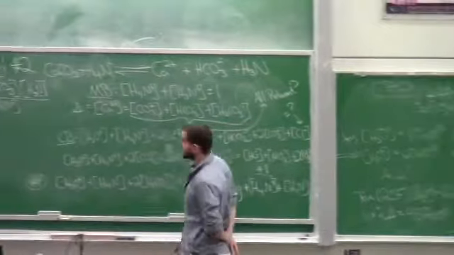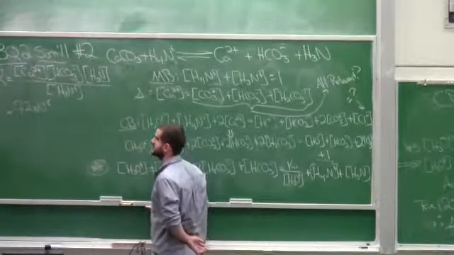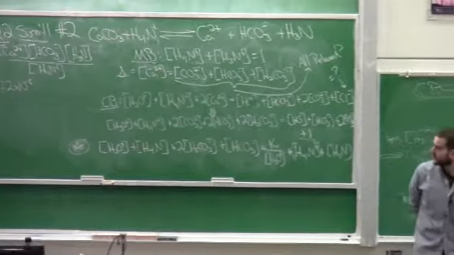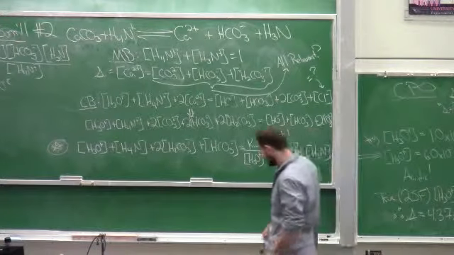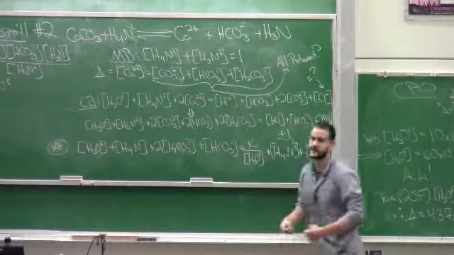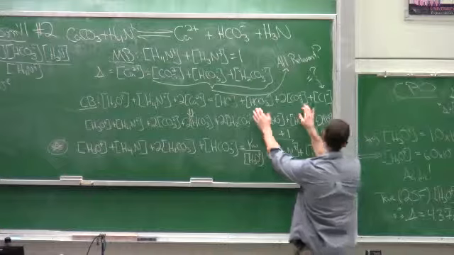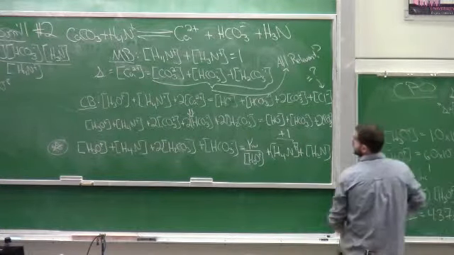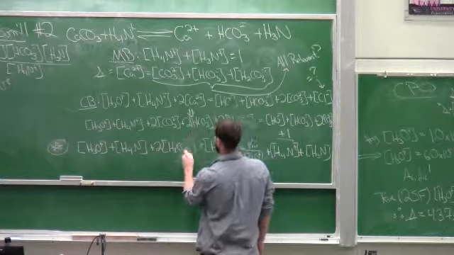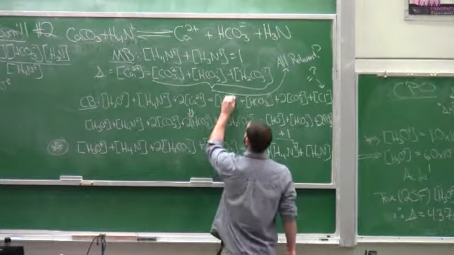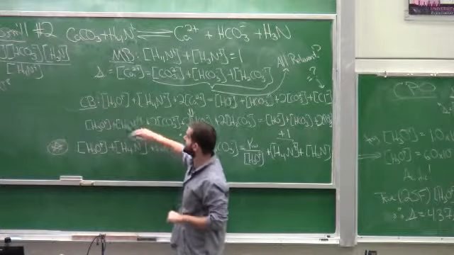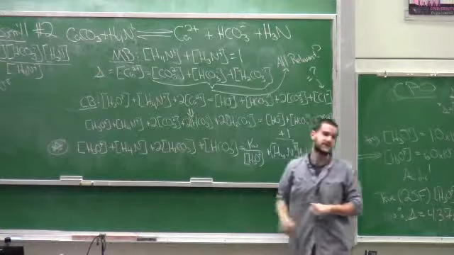Okay. Now, the next step is to do charge balance. Charge balance can be a little bit more challenging for students. I'm not sure why, but we'll go right through it. All of our positive species, net sum, have to equal the net sum of all of our negative species. Positive species: hydronium ion, ammonium ion, twice calcium ion.